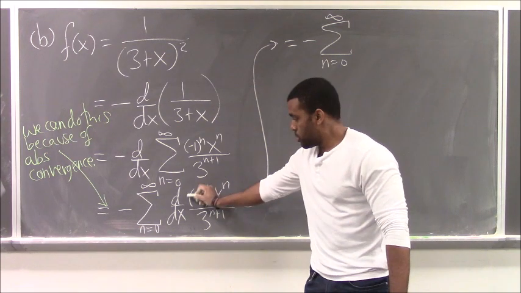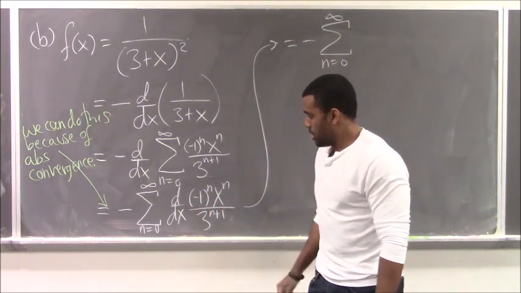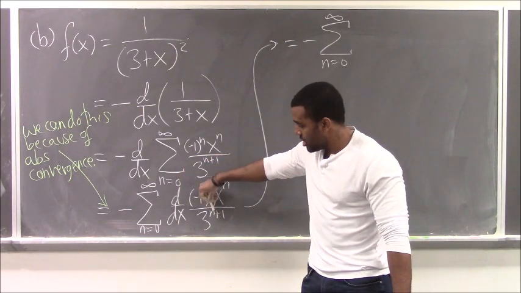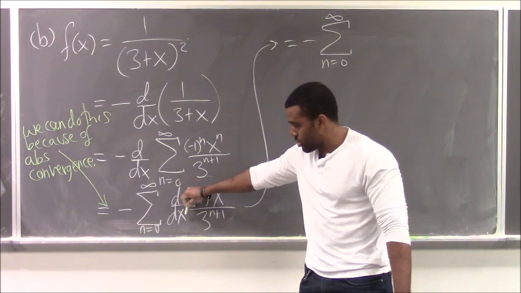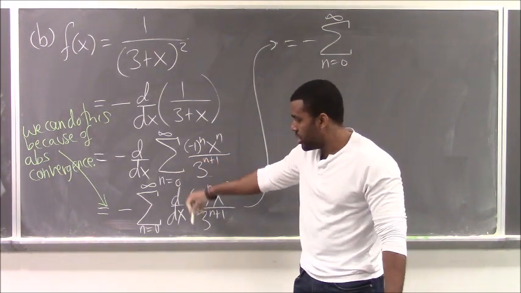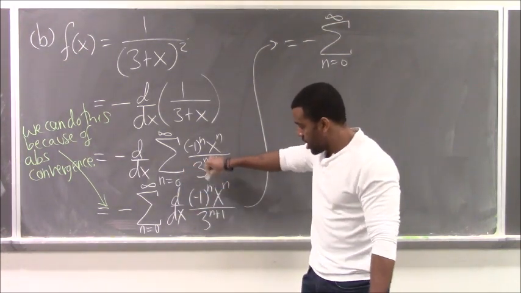Right, so this part here, the negative 1 to the n over 3 to the n plus 1, the derivative actually thinks of that as a constant because it's d dx, the derivative with respect to x, which means n is a constant. N is actually just an integer that's being counted by the series. As far as the derivative is concerned, this part here is a constant.